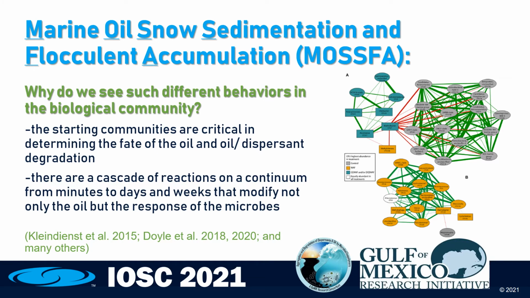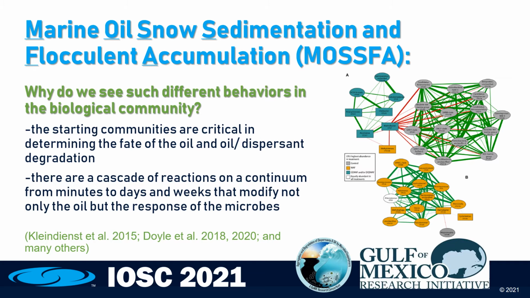On the right-hand side, you can see a network analysis, and the take-home from that is that there is a very big difference in the diversity of the communities, as well as the interactions between the community members. The grey is from a control experiment, the orange is from an experiment with oil, and the green is oil plus dispersant.